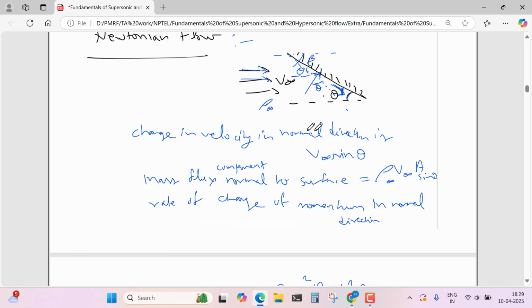So the change in velocity in the normal direction will be V infinity sin theta. And the mass flux component normal to the surface will be rho infinity A V infinity sin theta. Area A is the area of the plate and rho infinity is the free stream density. So this is the mass flux.